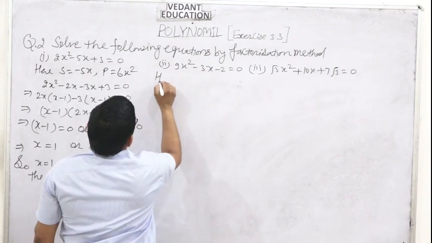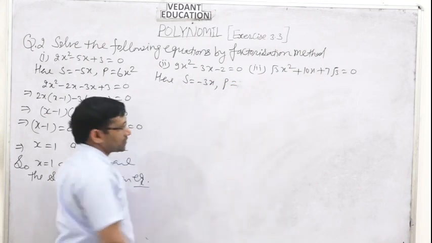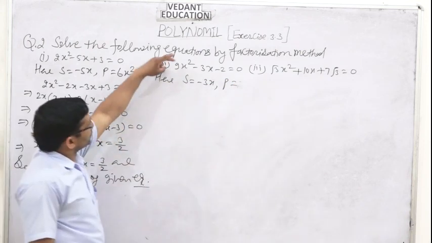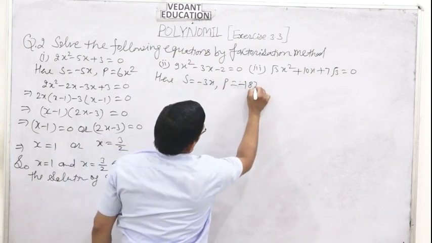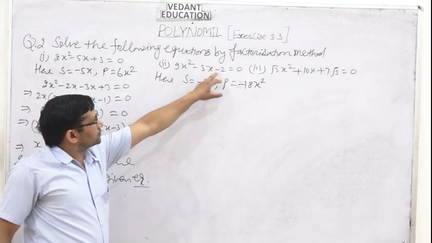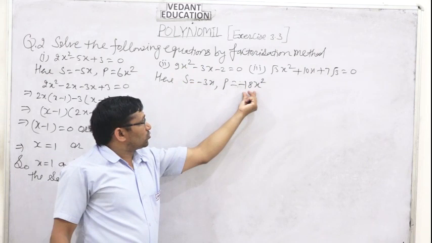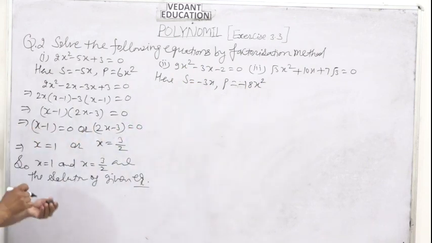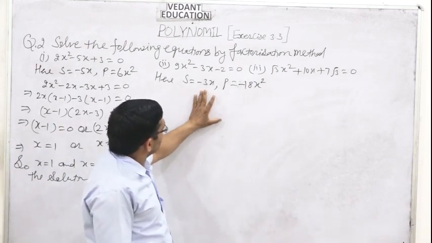Again here sum is minus 3x and product is the multiplication of first and third. So 9 into 2 is 18, so the product is minus 18x square. Again we see that the coefficient of x square is minus 18. It means minus 18 has table 3 and 6.